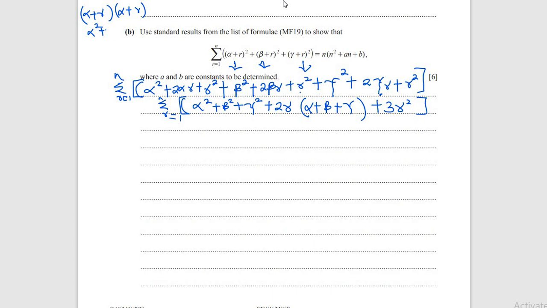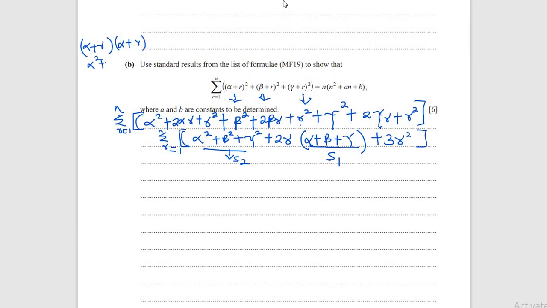So now, this one looks like S2, the summation of squares. This one looks like S1, that's the sum of the 3 roots. Let me apply the summation to each term.